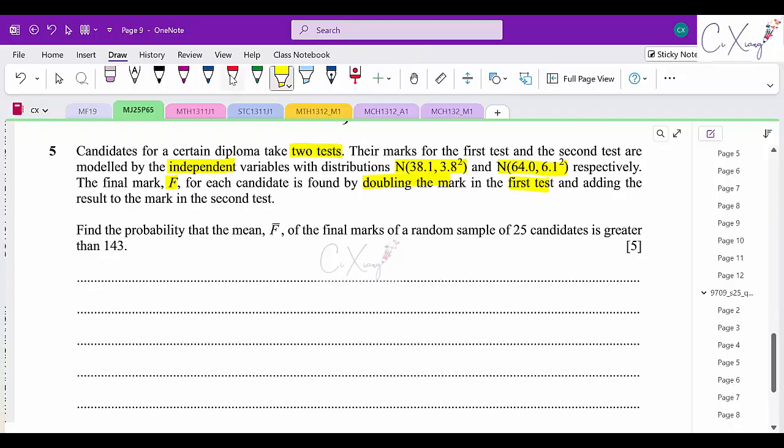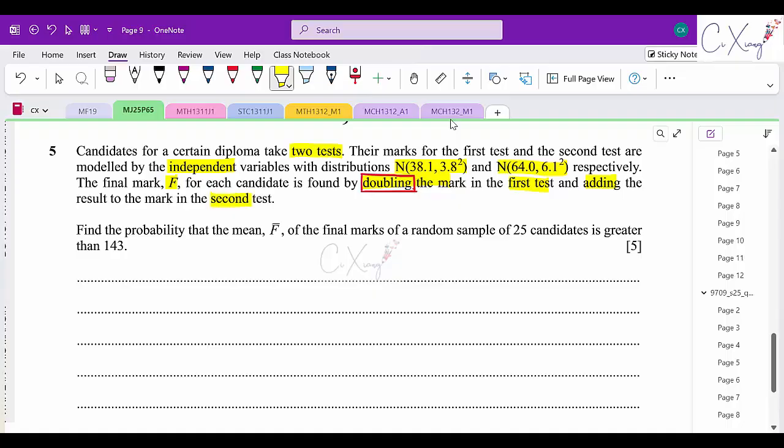I want you to highlight and focus on the keyword doubling. Doubling means that you multiply the first test by 2, which means that later, if you want to calculate the variance, you have to square the 2. Doubling means times 2, right? Then adding the result to the mark in the second test.